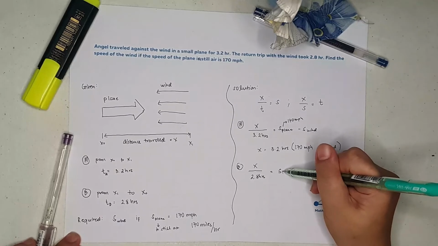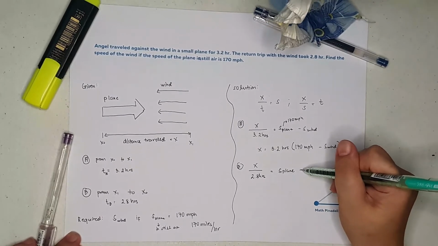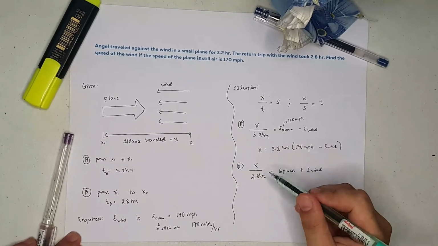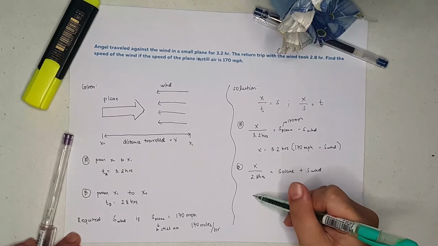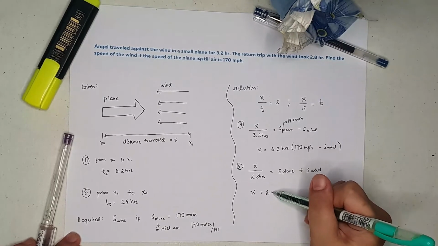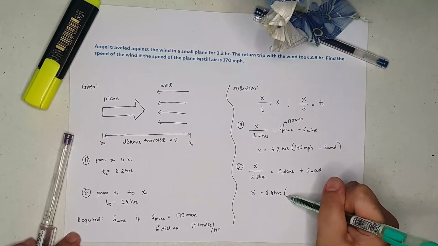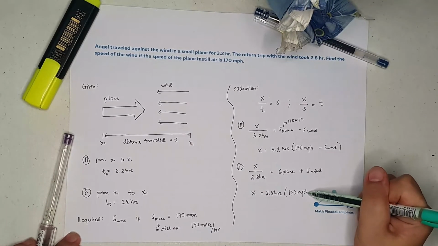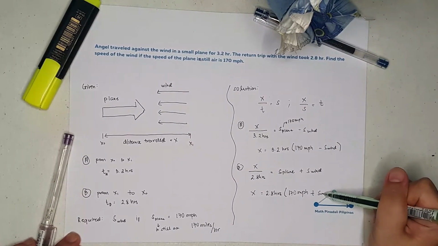So S plane plus S wind. Then we cross-multiply again. x is equal to 2.8 hours multiplied by S plane, 170 miles per hour, plus S wind.